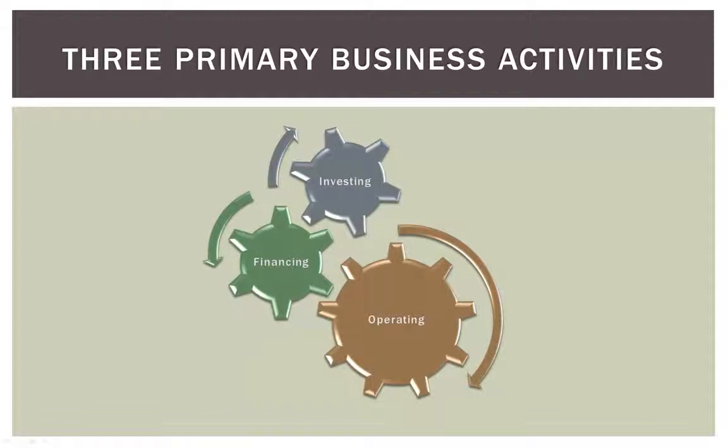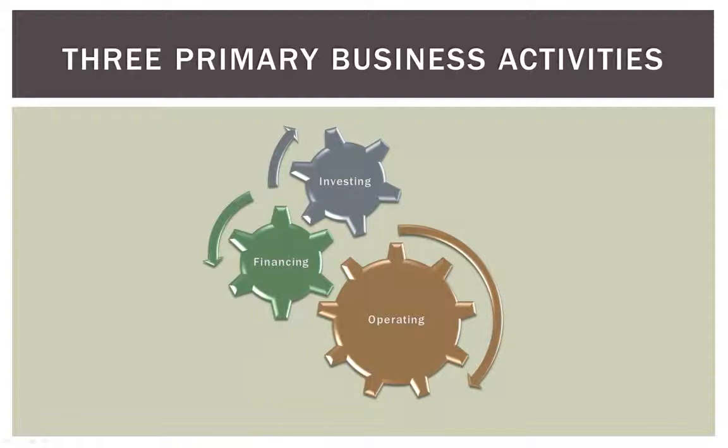Financing involves how a business finances its day-to-day activities. So it may take out loans from banks, the company may issue shares to stockholders, or a larger company may issue debt to investors. Now, the investing activities of a business are things that involve maybe purchasing equipment to produce a product, somehow investing in the business.